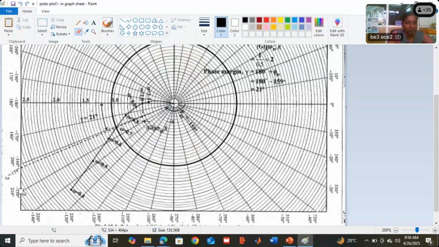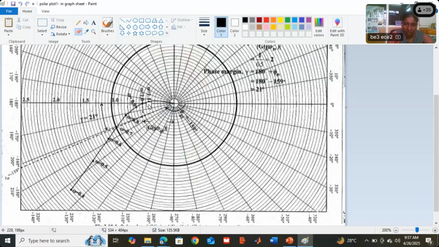This is minus 150, this is minus 160. They have put the dot very close to minus 150, which means minus 151 is the angle, and the circle is 1.2. At minus 151 they have put a dot, omega value 0.6. Like that they have mentioned all the dots.